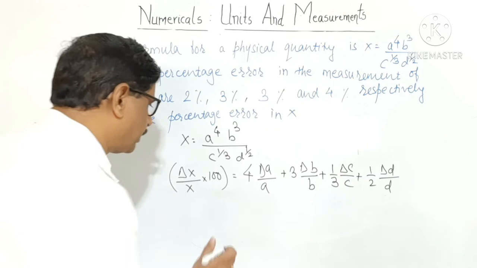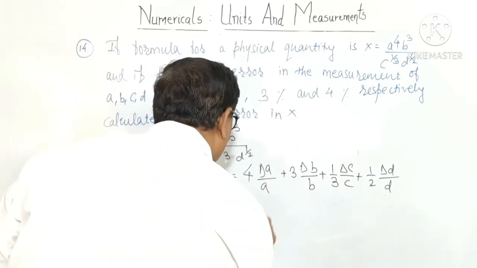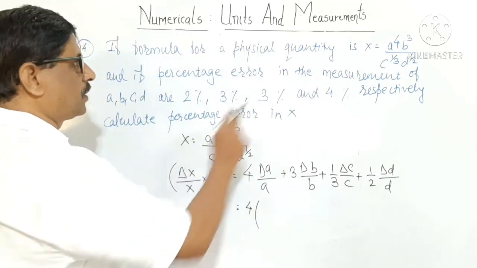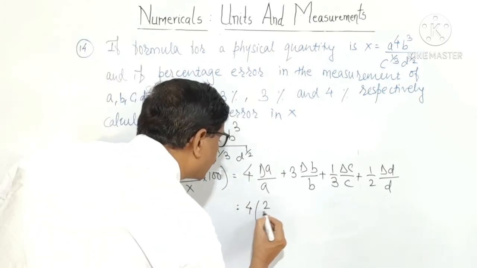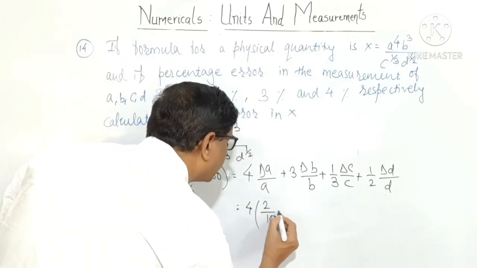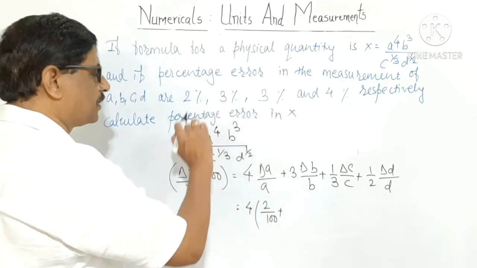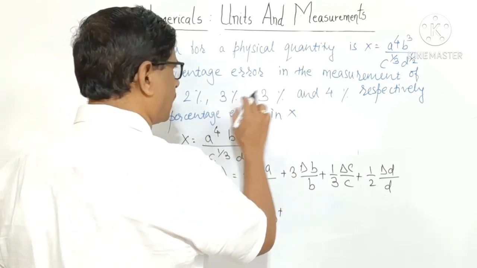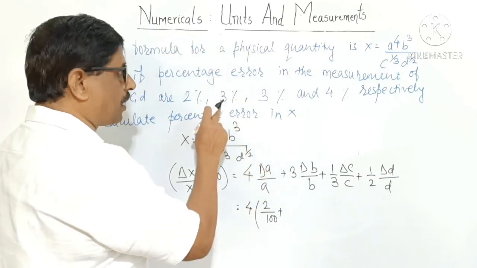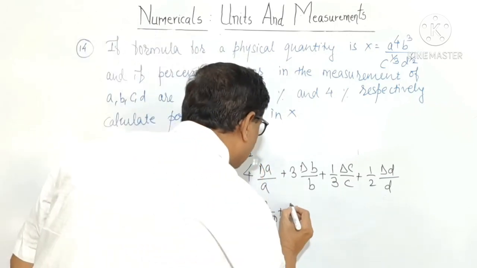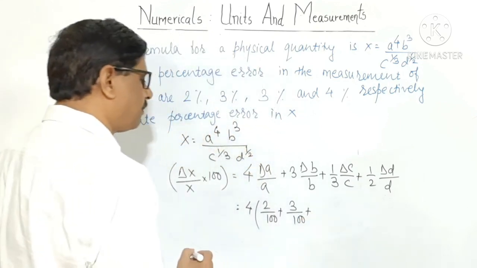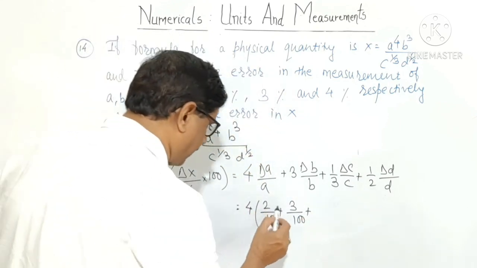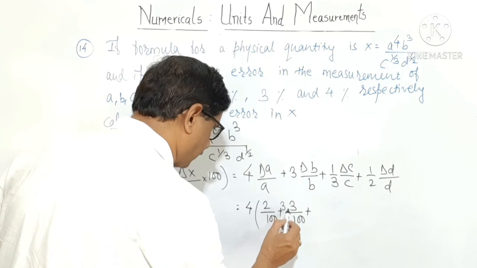Now I will write this as 4 into the percentage error in A, which is 2%, so it is 2 divided by 100, plus the percentage error in the measurement of B, which is 3%, so 3 divided by 100, times 3.